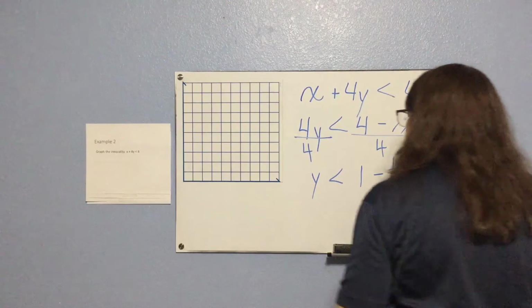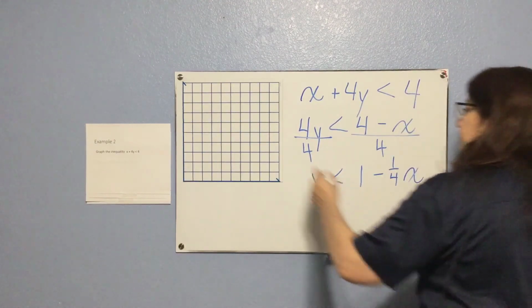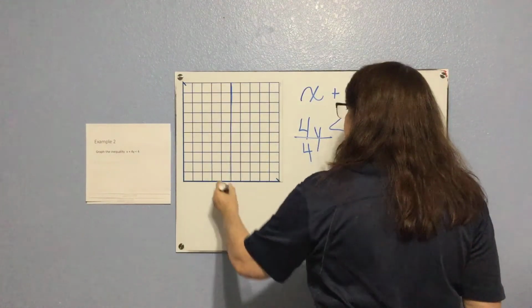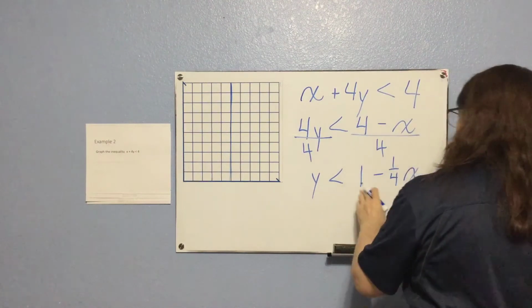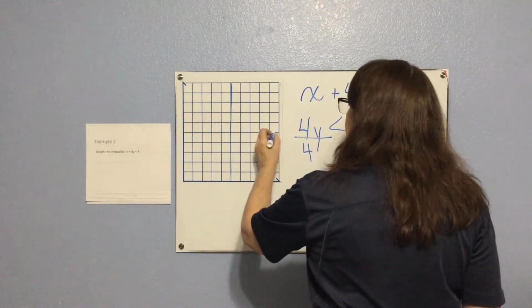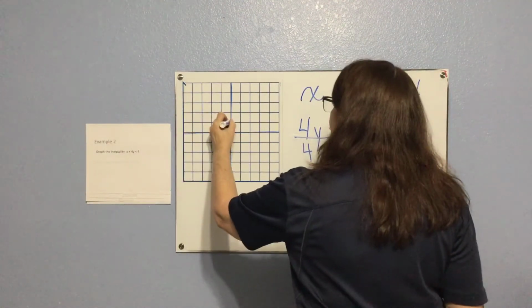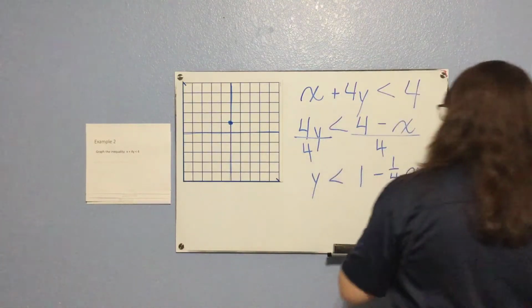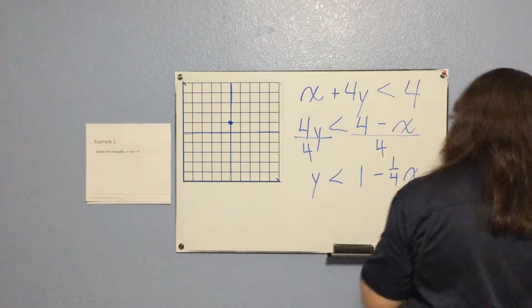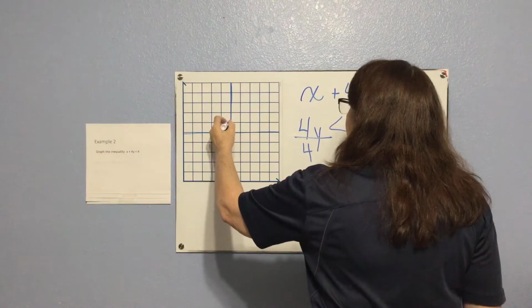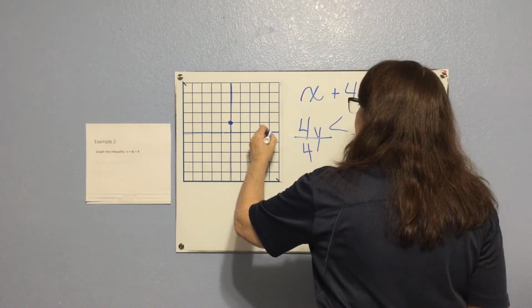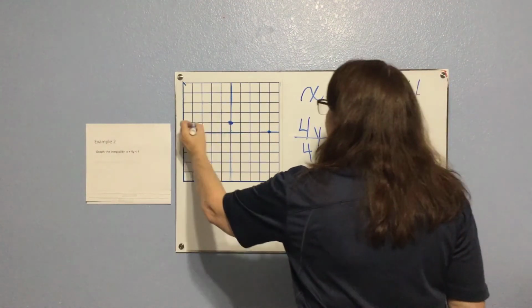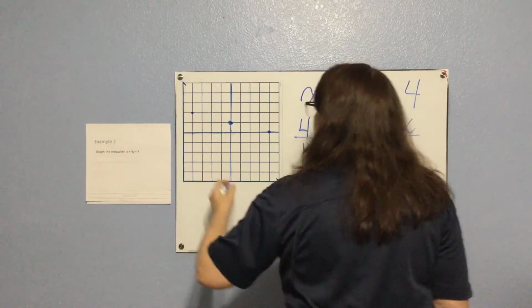x. So once again, I look for my y-intercept, which would be 1. And then I have a slope of -1/4. So down 1/4. Back 4 and up 1.